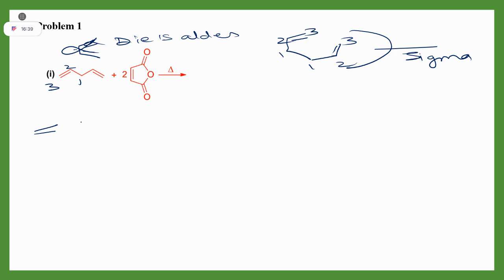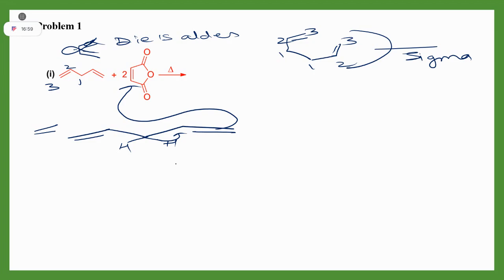So what another possibility is there? Let me tell you. There are two hydrogens here, yes or no? And these are allylic. So what can we think of, that one is going to attack one molecule of maleic anhydride. So what will you get? Let me draw. One hydrogen is going, so the double bond will come here, and this carbon is going to attack your enophile.